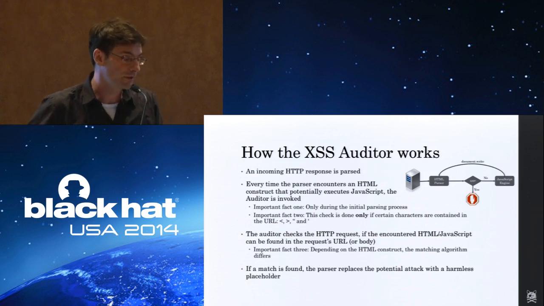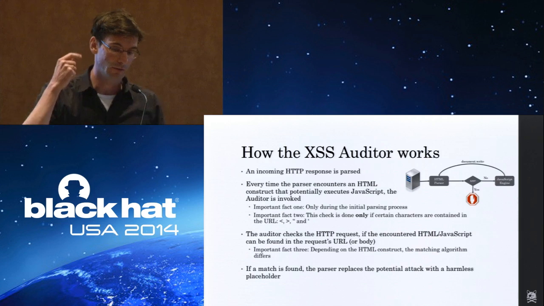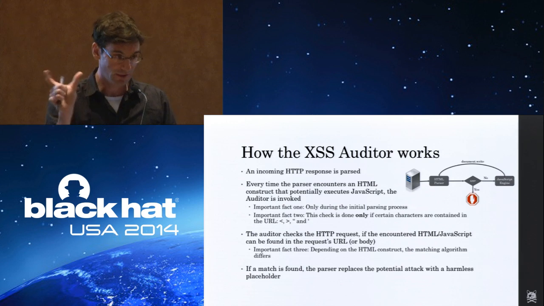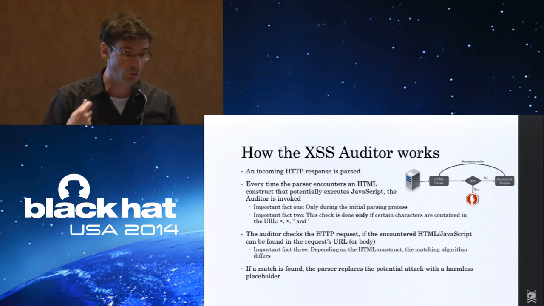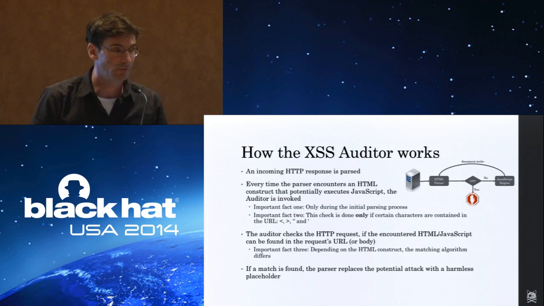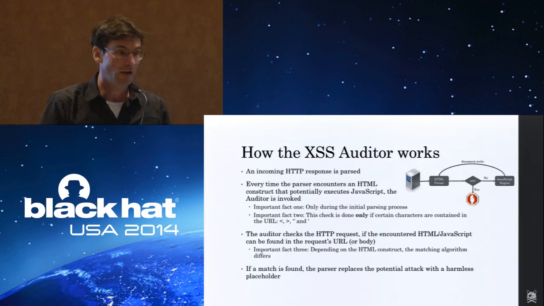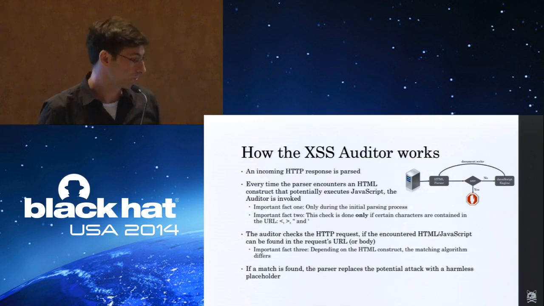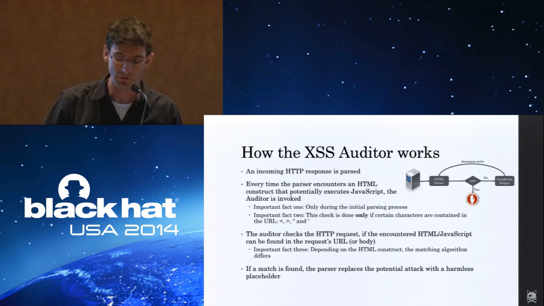And then if we found a JavaScript, the invocation criteria have been met, and we found a matching part of the URL, for example, that contains this JavaScript, the auditor concludes, okay, this is an active, successful cross-site scripting exploit, and therefore the JavaScript is removed during the parsing. So the JavaScript parser itself never sees the injected JavaScript, which worked because, as you saw, Ben's initial exploit didn't go through. So it's a capable tool.